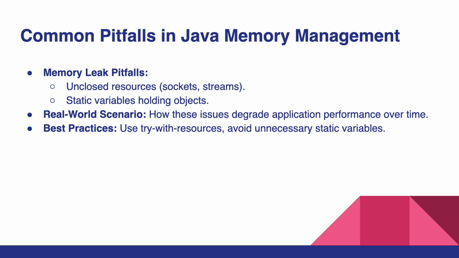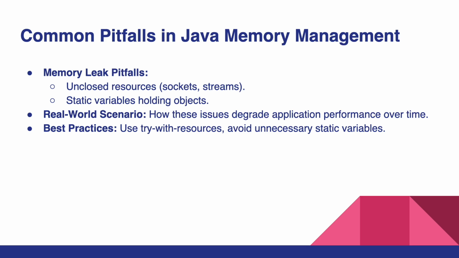Despite best practices, some common pitfalls can lead to memory issues. Memory leaks are a prime example, often caused by unclosed resources or static variables holding unnecessary references. Over time, this issue degrades application performance, causing sluggishness or crashes.